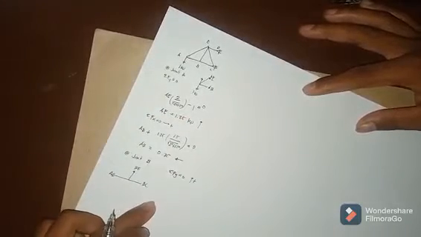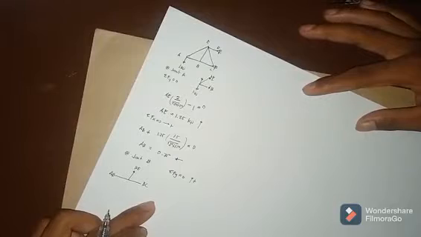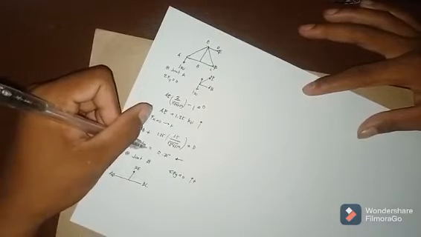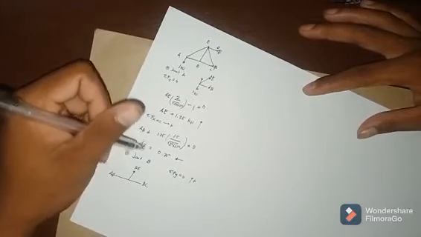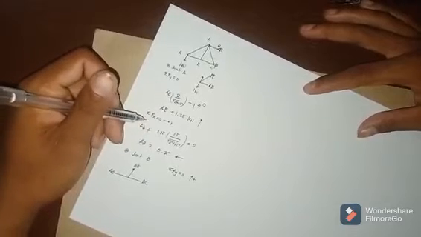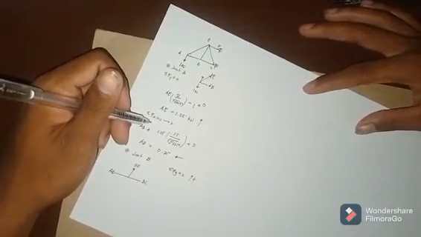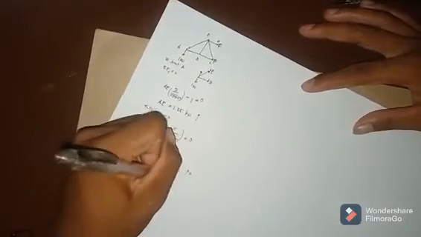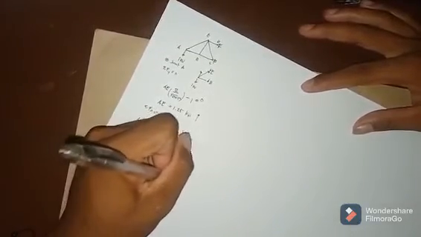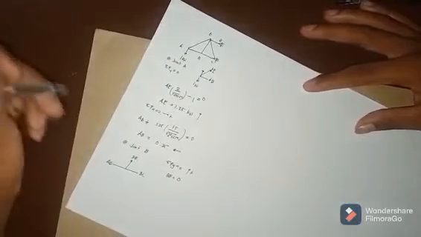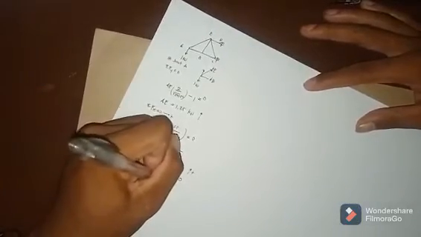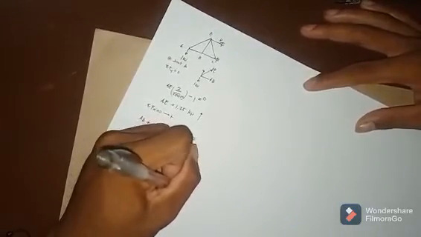So considering the AB is 0.75, and so summation of forces, so we can see that BE is only the forces vertical, so we can conclude that BE is equals to 0. So summation of forces horizontal is equals to 0, to the left is positive.